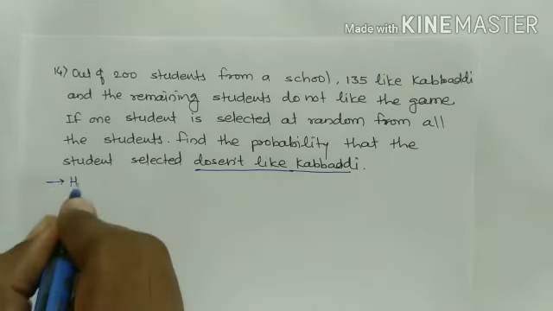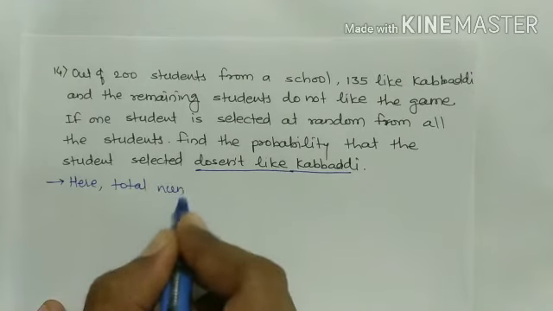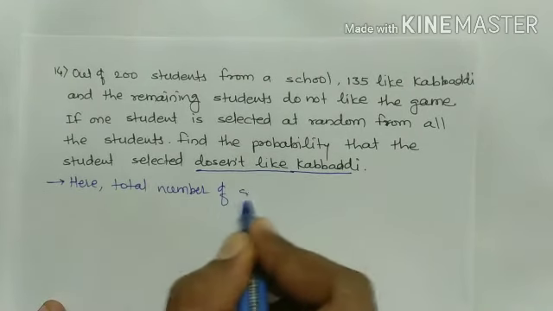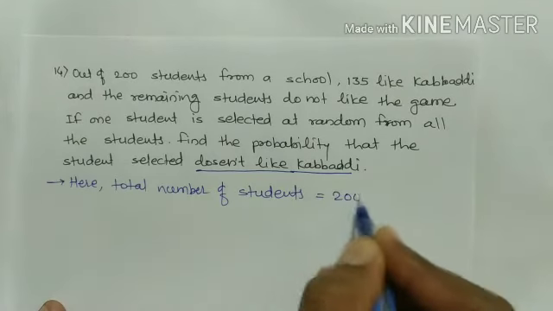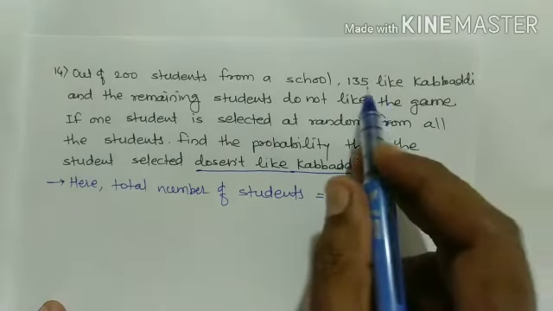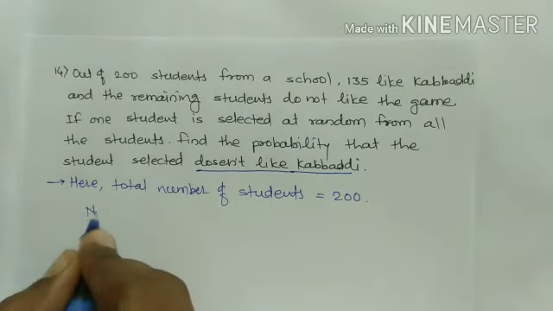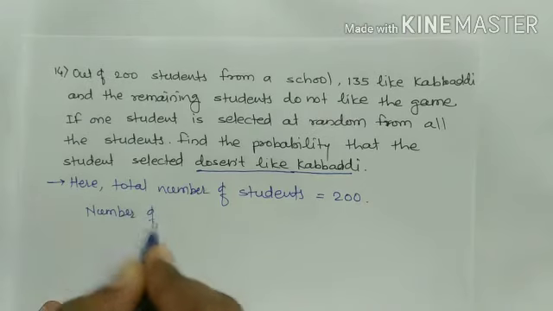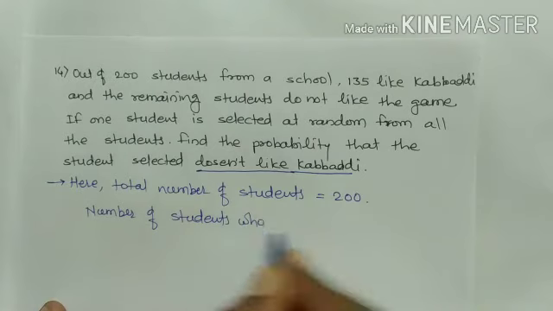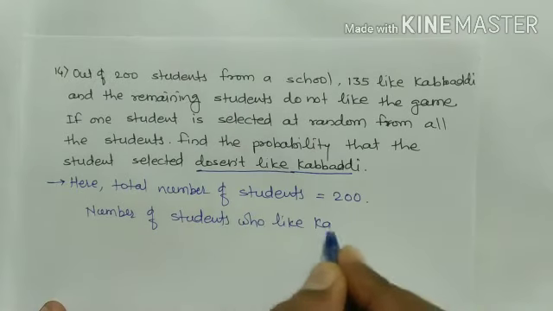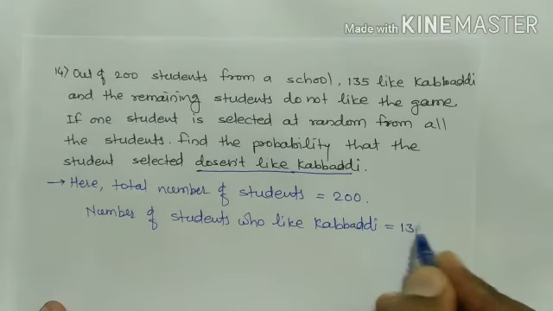Here the total number of students, how many are there, equals 200. The number of students who like kabaddi, here it is given that the number of students who like kabaddi equals 135.